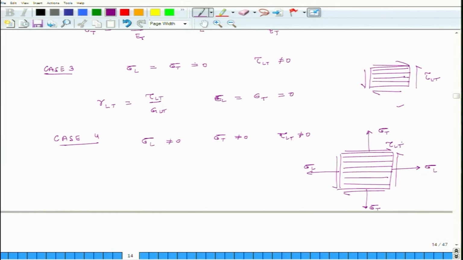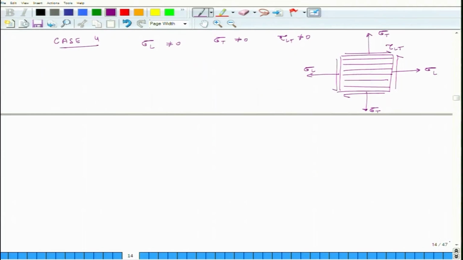So, this is what I am applying. In this case I am interested in finding out the strains. So, I want to find out epsilon L, epsilon T and gamma LT.